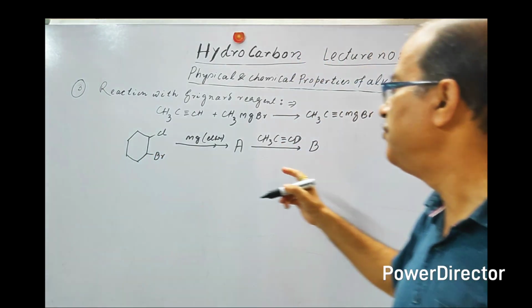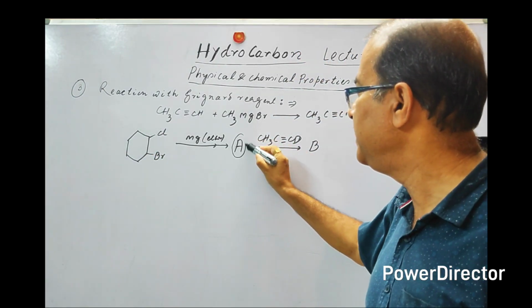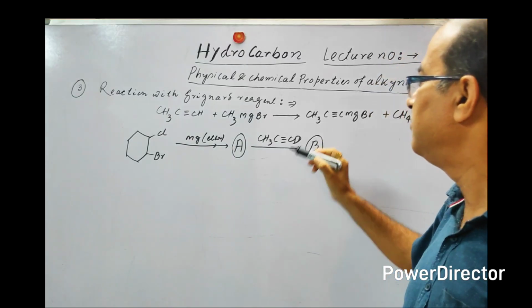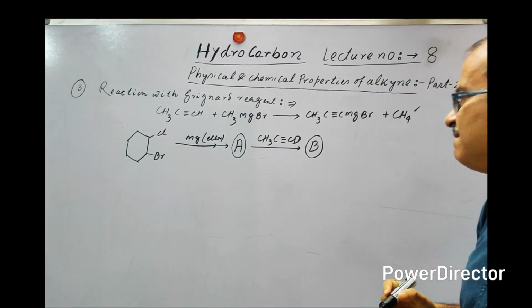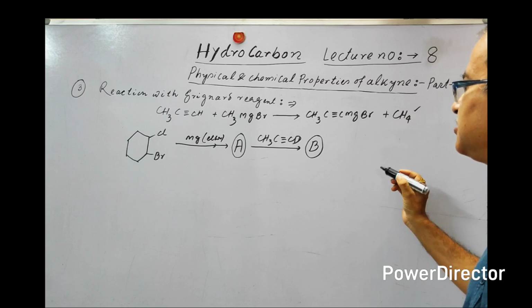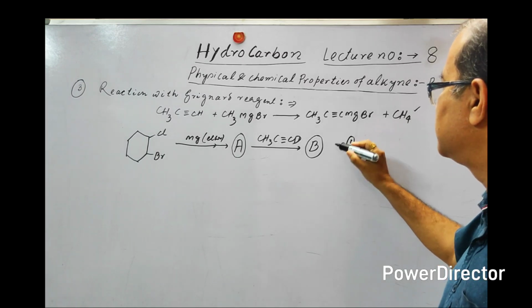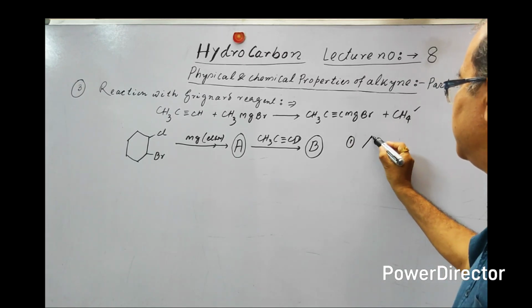You have to say what A is and what B will be. Multiple options are given here.